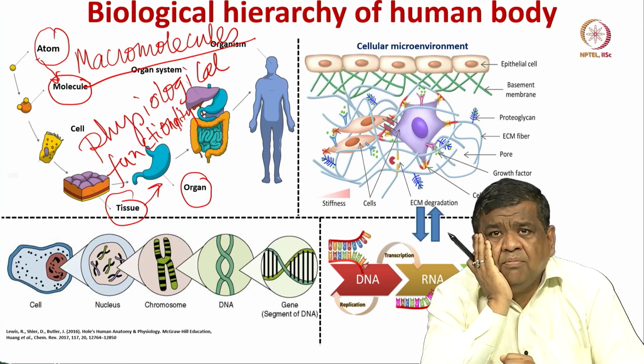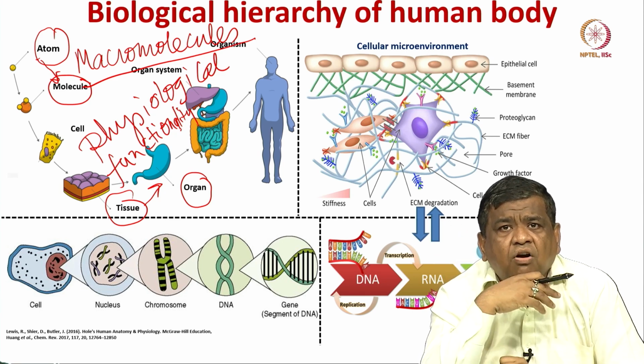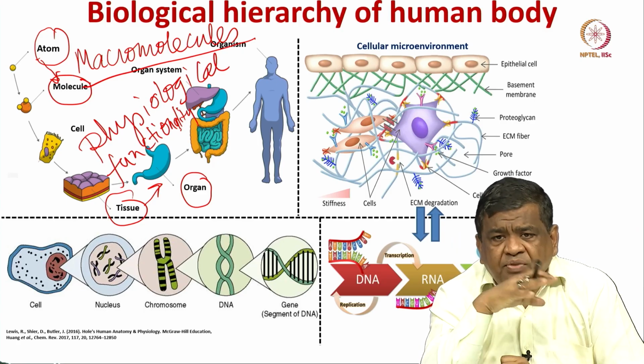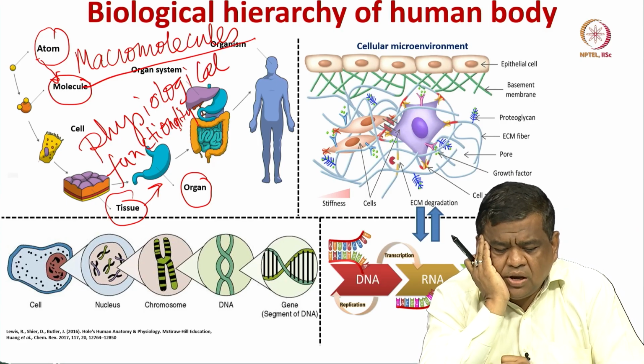For example, the functionality of the cardiovascular system is the blood supply. For example, the kidney is for the urological structures related to urine. So, these are different kinds of functions they have.